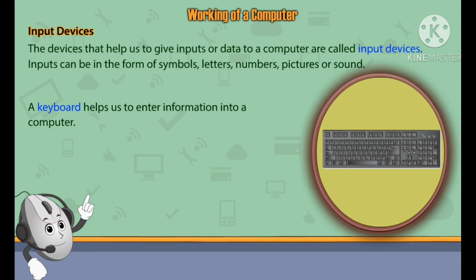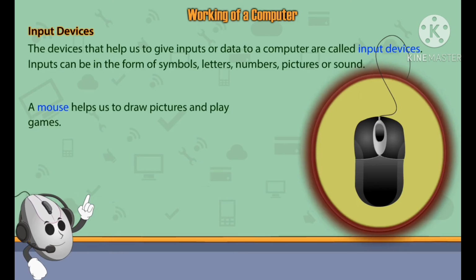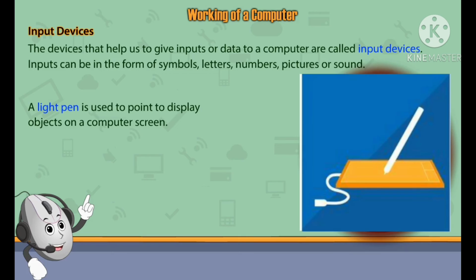A keyboard helps us to enter information into a computer. A mouse helps us to draw pictures and play games. A light pen is used to point to objects on a computer screen.